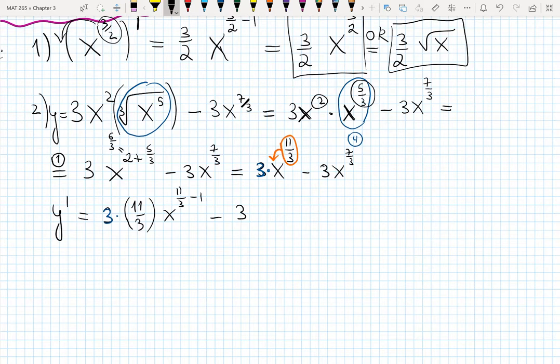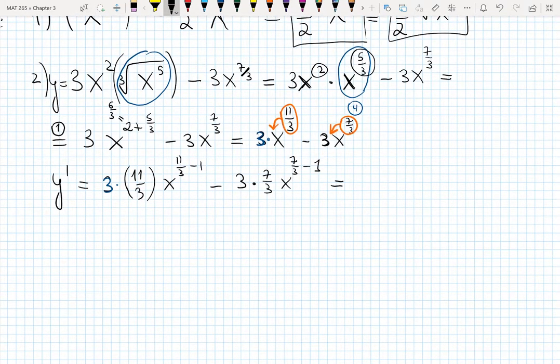Minus 3, again copying it. 7/3 goes down. 7/3 minus 3/3, minus 1. I see in my mind you're already doing it. And now you just need to simplify. 3 cancels out 3, and 3 cancels out 3. It's going to be 11x to the 11/3 minus 3/3, which is 8/3, minus 7x to the 7/3 minus 3/3, which is 4/3. And that's the answer.